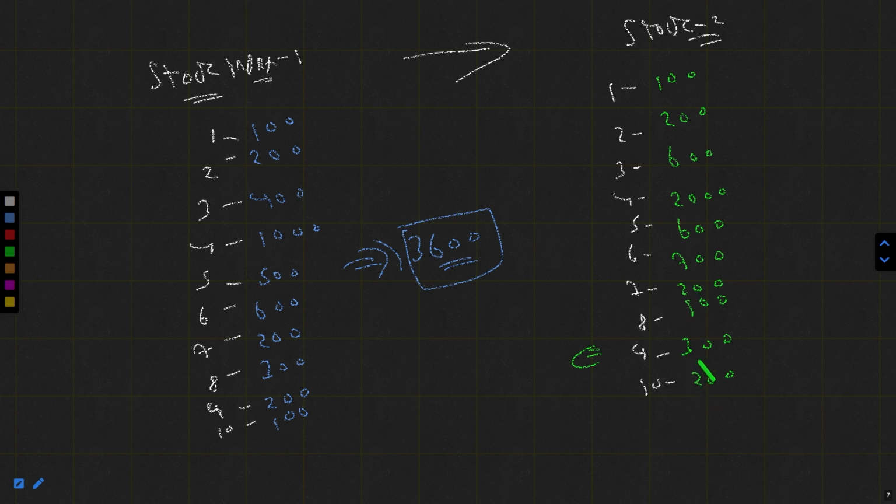So the value will be nearly about 3,000 something. It's the estimated value. All right, so this is the condition.